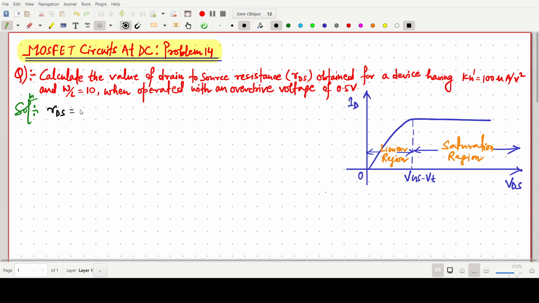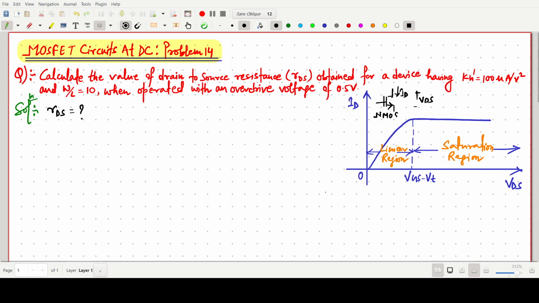This RDS we have to find for the characteristic curve of an NMOS, the drain current relationship, ID versus VDS curve. Basically this drain to source resistance we have to calculate for a small VDS.